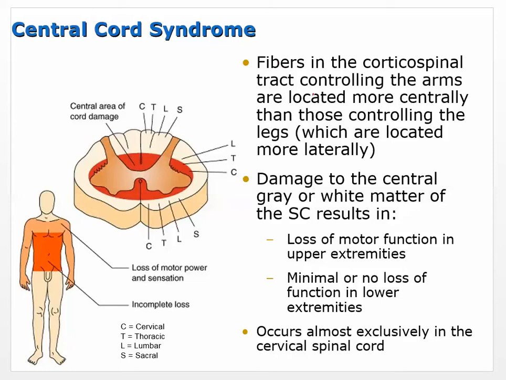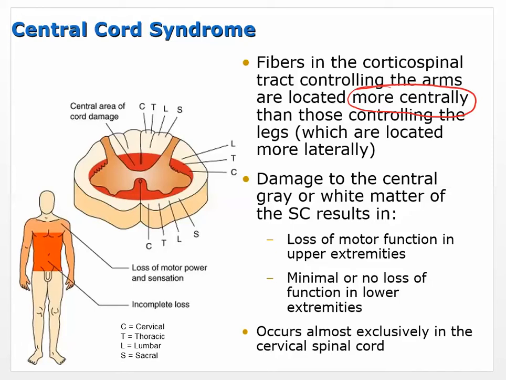So it just so happens that the fibers in the tract controlling the arms are located more centrally. If you have especially a compression type of injury of the spinal cord, you may damage the central area more than the outer areas. So what does that mean?